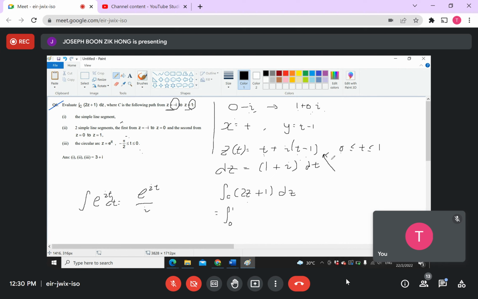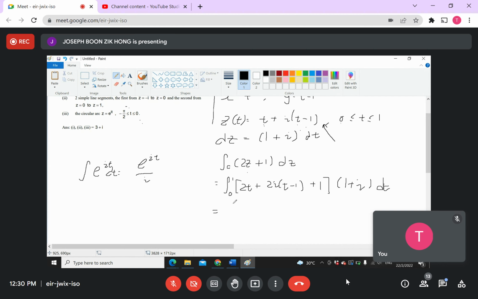So 2z plus 1, that means you will have 2t plus 2i, t minus 1, plus 1, and don't forget you have to times this one times 1 plus i dt. So I take my 1 plus i outside, because it's a constant, so I can take it out. So I left this one only.